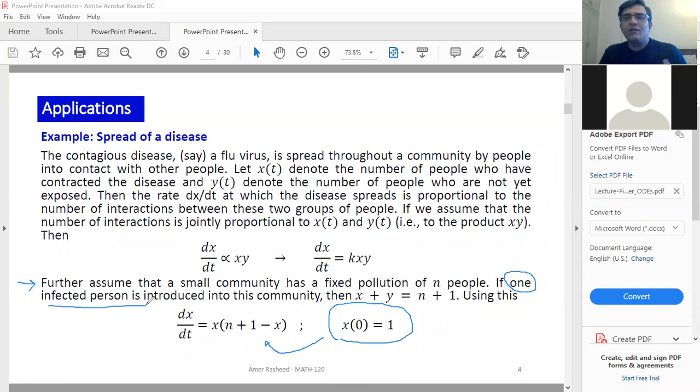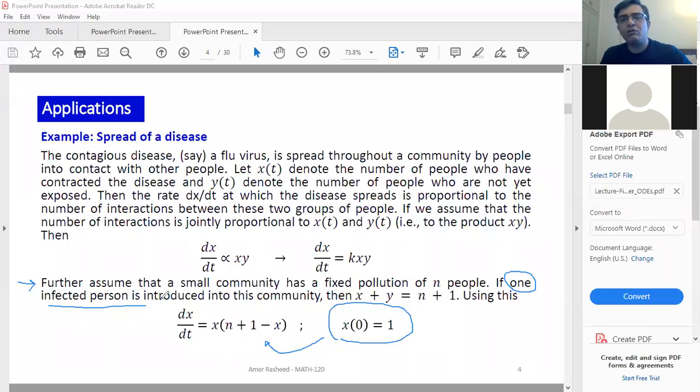For example, there were no cases of COVID-19 in Lahore at a certain time. One person came in who was infected, and the number of infected people basically starts increasing by introducing only one infected person.